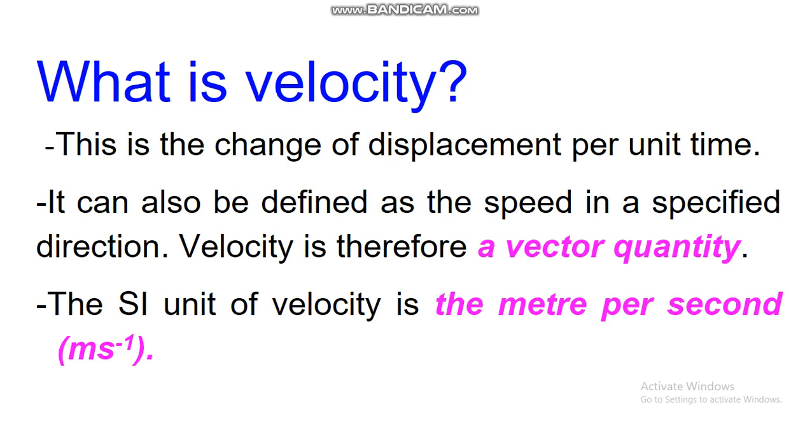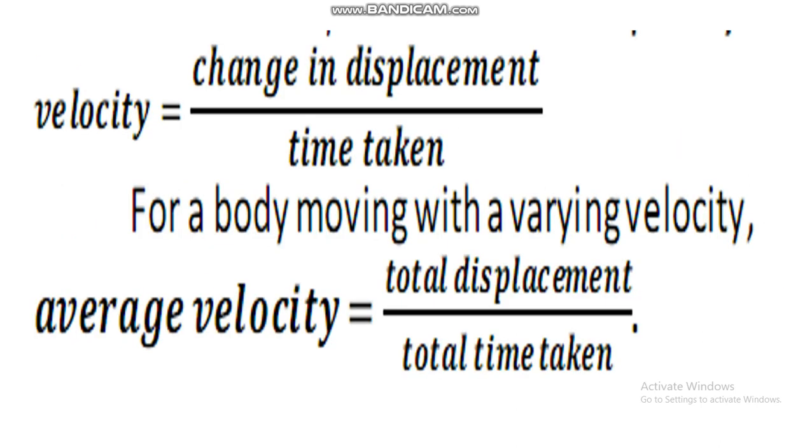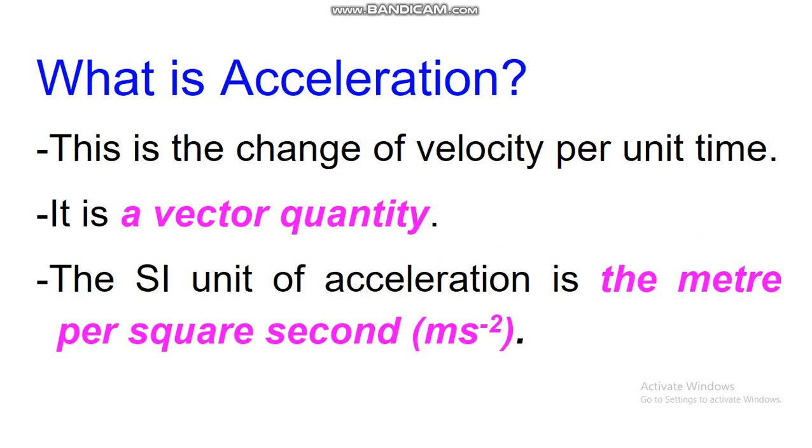So velocity is the change in displacement divided by time taken. For a body moving with a varying velocity, we can get average velocity, which is total displacement divided by total time taken.